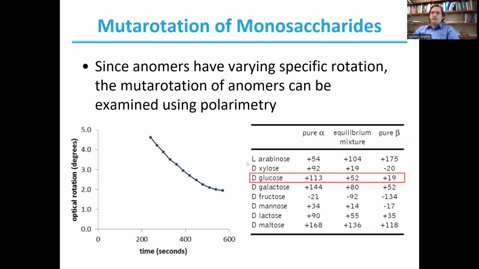Again, that's because our pure beta is somewhat more stable. So at equilibrium, we'll tend to have a bit more of that more stable compound compared to our slightly less stable alpha anomer. And we could do a similar analysis for our other sugars to explain why our equilibrium sits at that point between those two anomers. Each of it will be based on the preference or the relative stability and steric crowding within our anomer chair conformations.